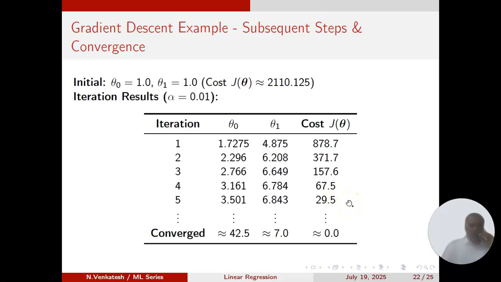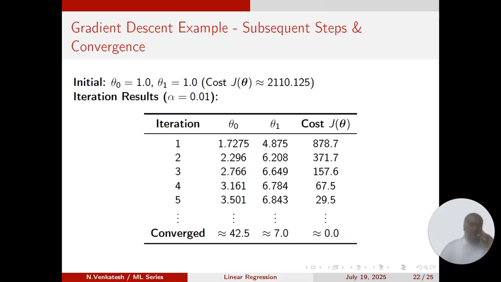Now we have to define a little bit about the convergence. Here the convergence is defined based on either the number of iterations, that means after some number of iterations we are going to stop, or within some threshold. If j of theta is within some threshold, you are going to stop.